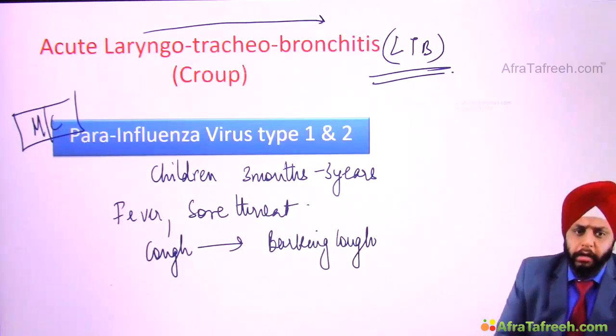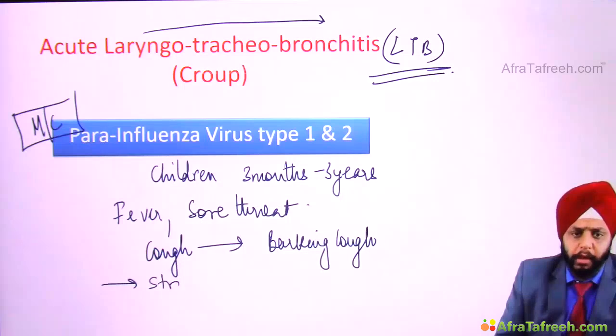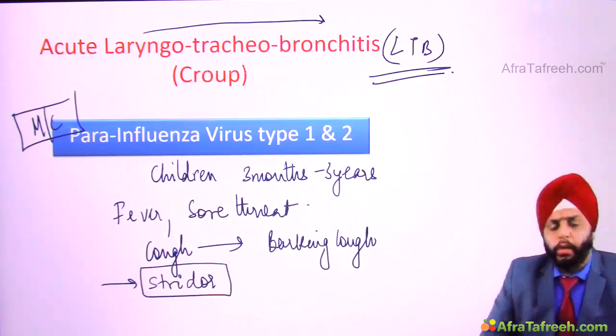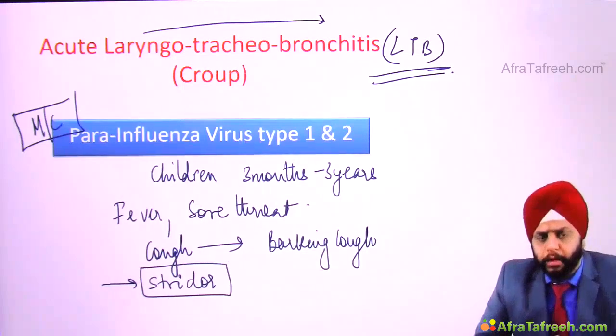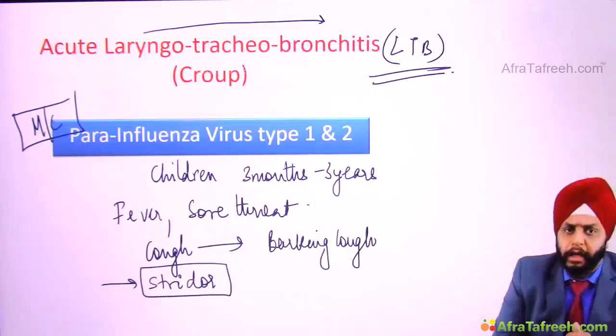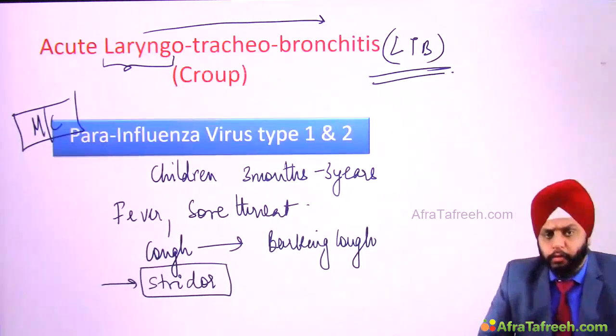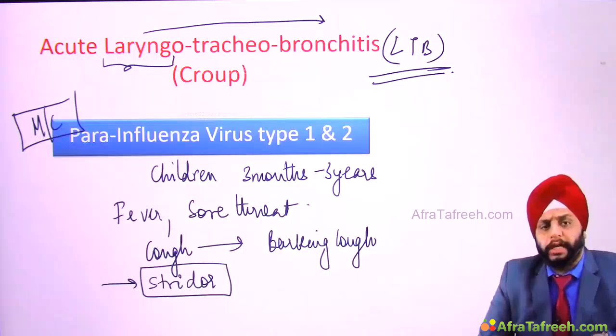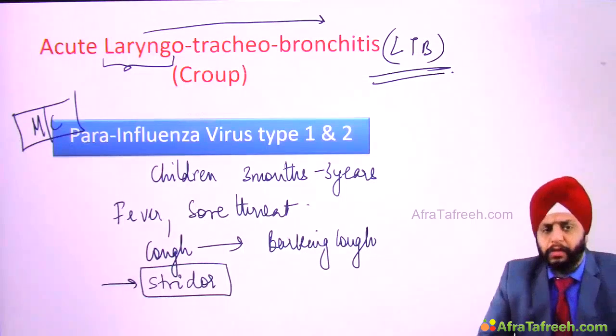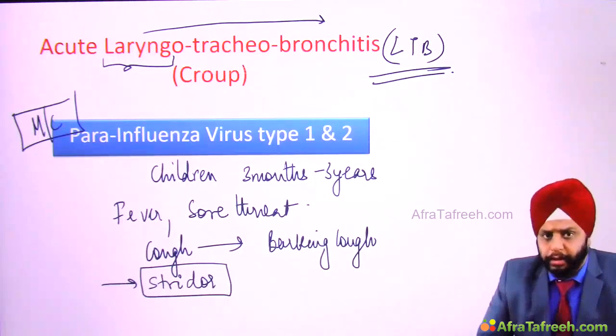Now this child may also sometimes have stridor. What kind of stridor can this be? Now you see the inflammation starts at the level of the larynx and goes to the bronchus. So initially, when the inflammation is at the level of the larynx, the stridor is generally inspiratory.